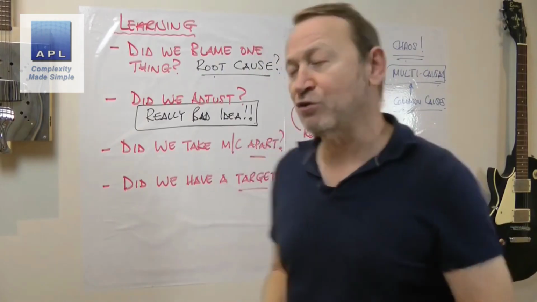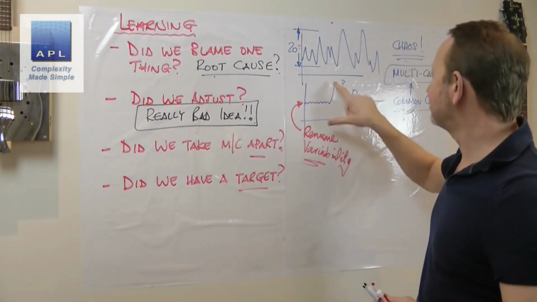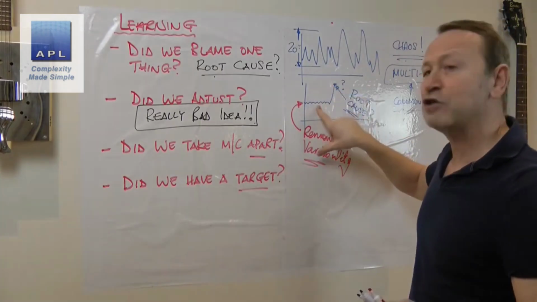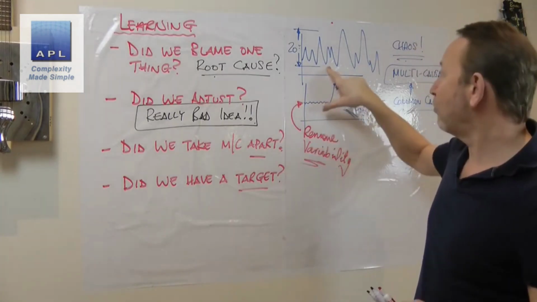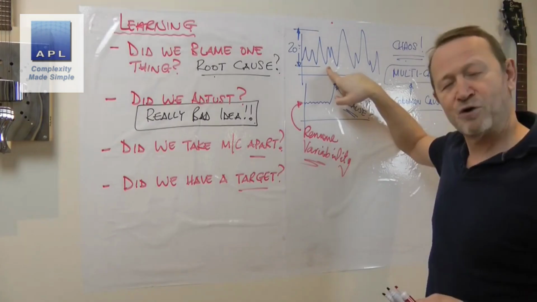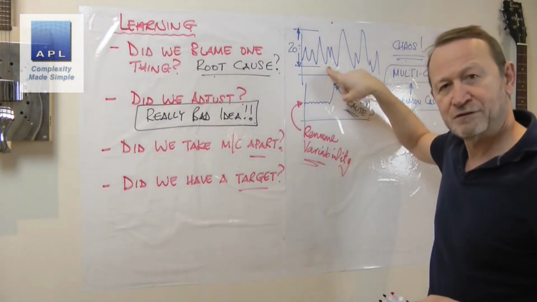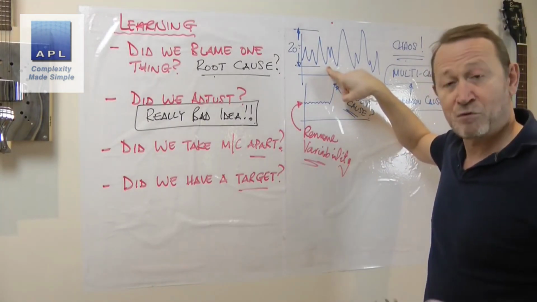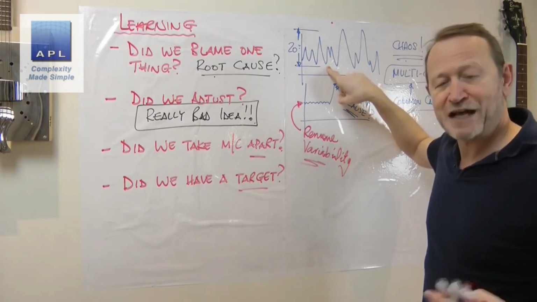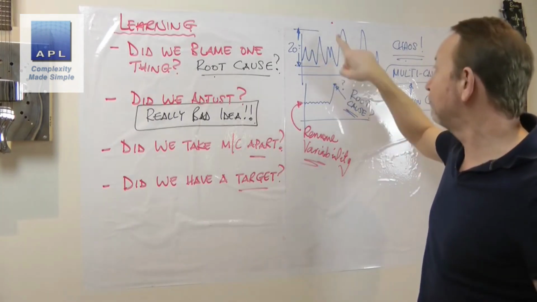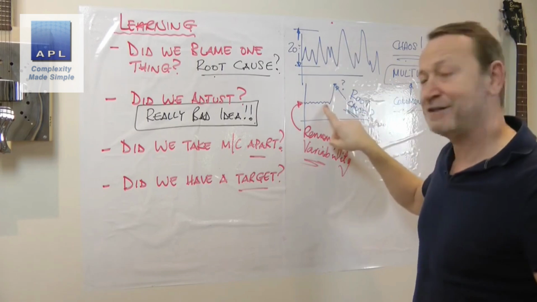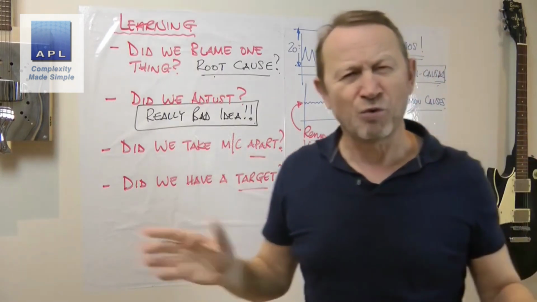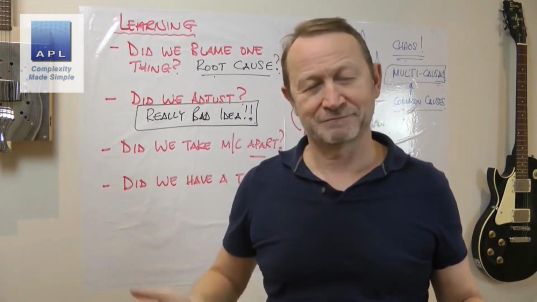No. Because in order to be able to move to a target, you've got to know where you are. So where were you? Where were we in the first round? Well, we were all over the place. So if I ask you to adjust a machine from all over the place to hit a target, what adjustment would you make?